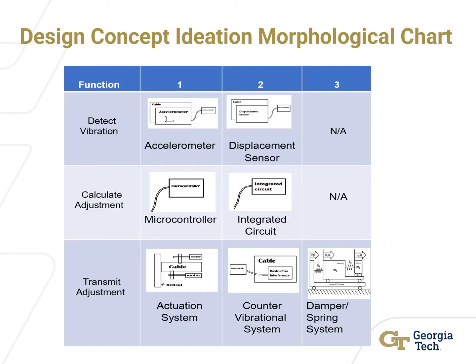We have come up with a variety of solutions based on our function tree in order to reduce vibrations inside ASML's machine. To detect vibration, we are using an accelerometer. To calculate the adjustment, we are using a microcontroller, and to transmit the adjustment, we are using an actuator.